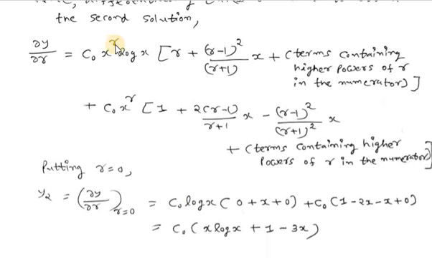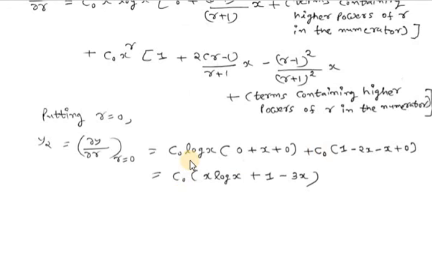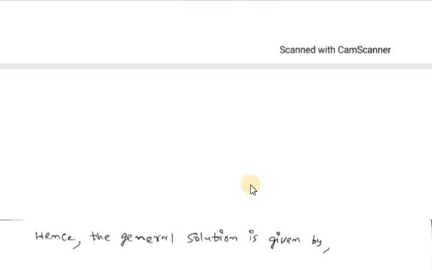So that is c0 x raised to 0 is 1, log x, this is 0, this will become x, and then it will become 0, then plus c0 x raised to 0, that is 1, and this one, for r equals 0 it will become minus 2x, and for r equals 0 it will become minus x, and these terms will become 0. So finally we have c0 common into (x log x plus 1 minus 3x). So this is y2. Okay.